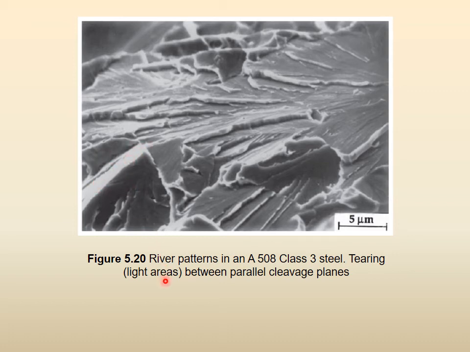So light areas are tearing between parallel cleavage planes. So cleavage on this and cleavage on that have to join together. So there is a tearing between the two, and the light areas are there, and a lot of them, this is highly enlarged, and a lot of them will join together. So there will be lines, so the river patterns will be there.